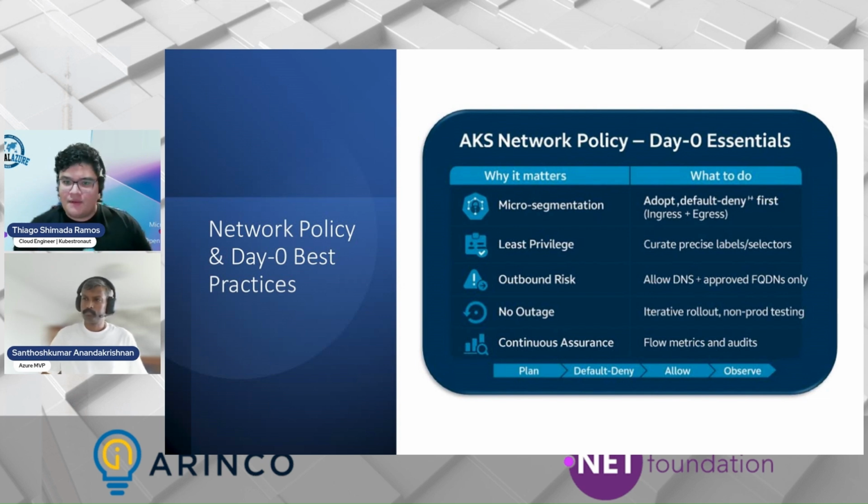The idea is that we have some engines for applying and enforcing these policies, right? The three main engines that we can use in AKS start with Azure Network Policy Manager. That is really quick to use because with just one button click or one command on the CLI you can enforce it, and it is easy to apply.